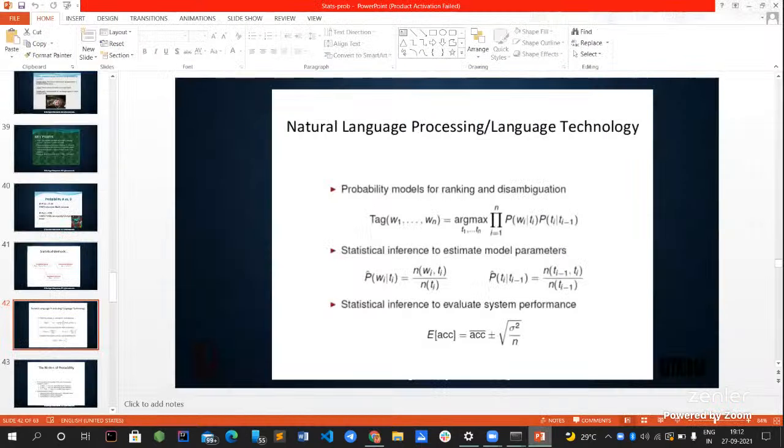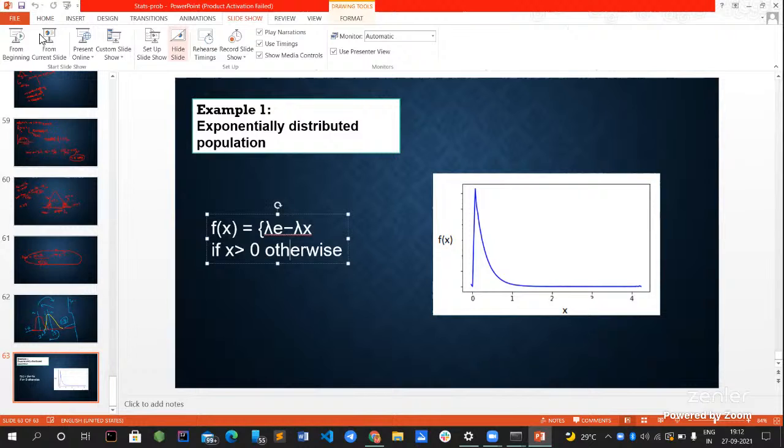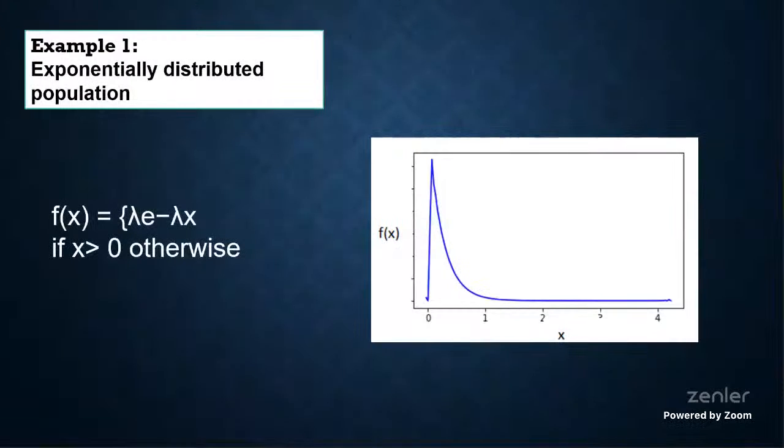If we open that, here's one very common example about the CLT and the exponentially distributed population.